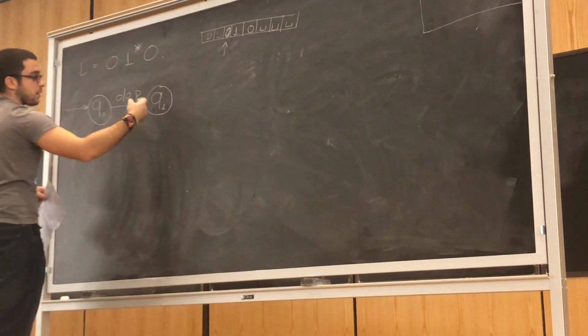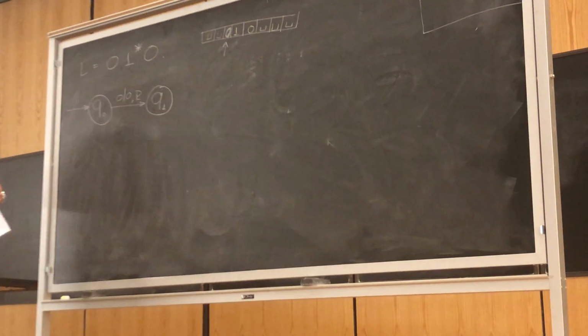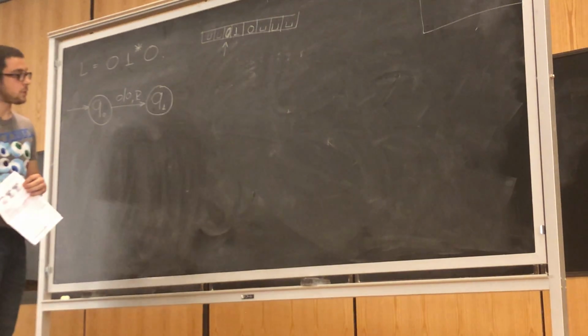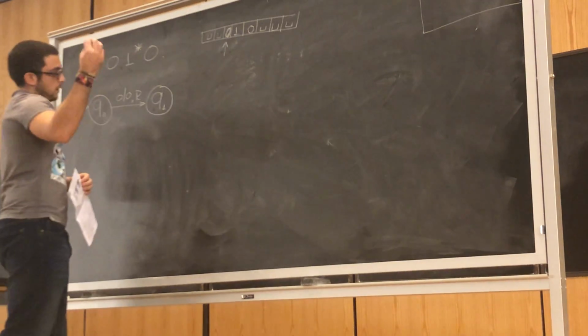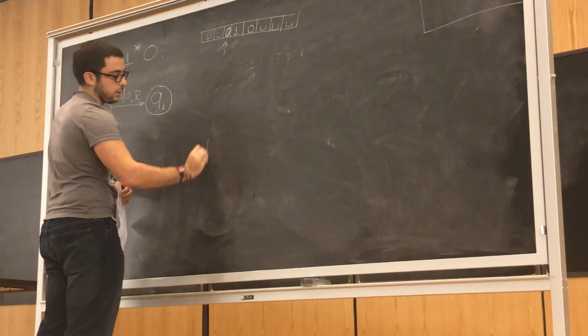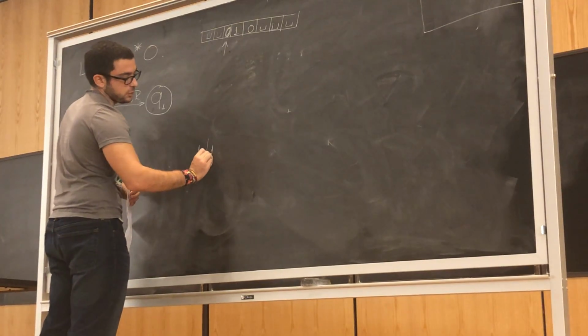From state Q1, if I get a what? A 1. So if I get a 1, what should I do? I should move to the right. So I get a 1. I write what? I don't need to change that.